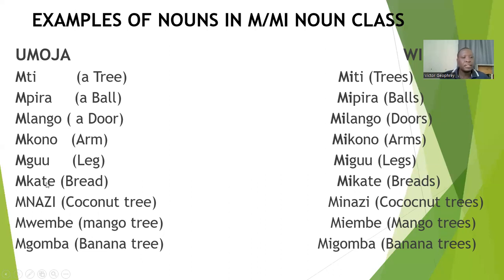Then there is mguu, that is leg, and the plural is miguu, legs. So that's why it's Mi. Mguu. Mkate, a bread. Mkate in the plural is mikate.